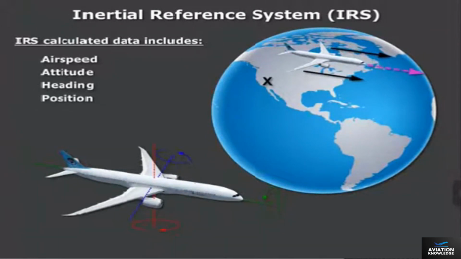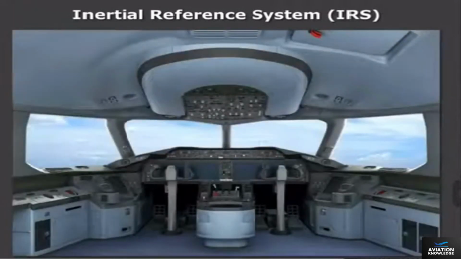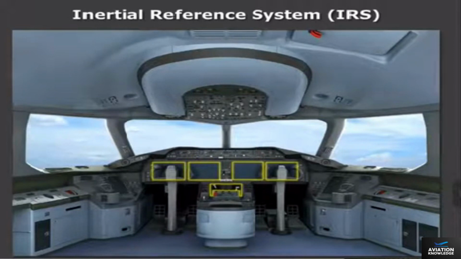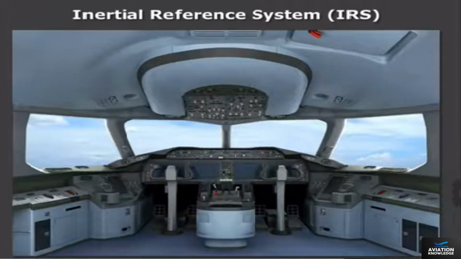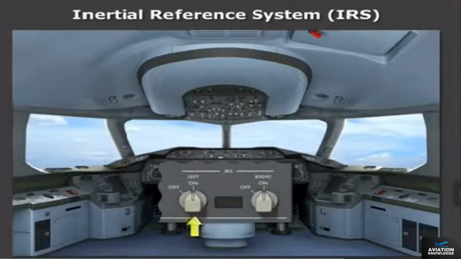This information is sent to and used by the following systems: displays, flight management system, flight controls, engine controls, and other systems. The IRS is controlled by the left and right IRS switches on the IRS panel.